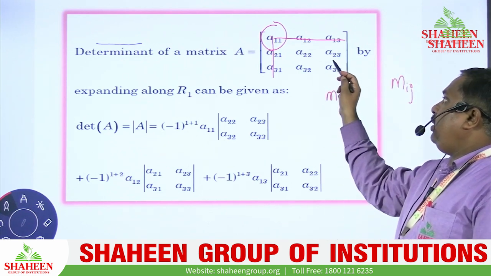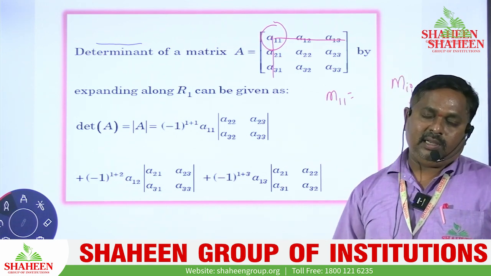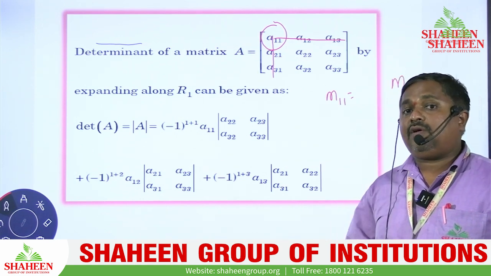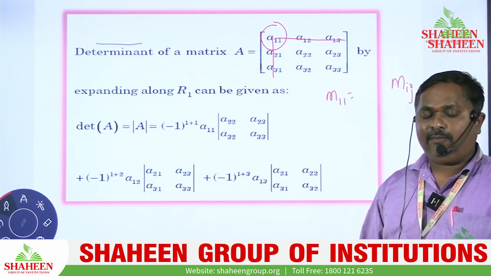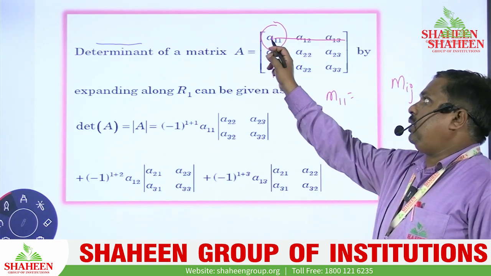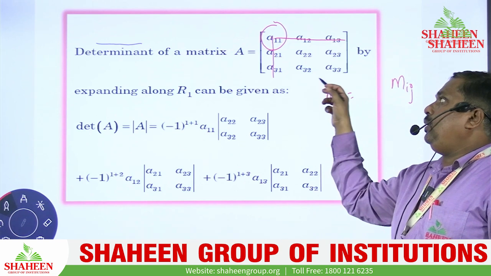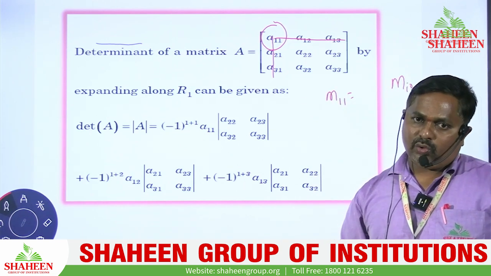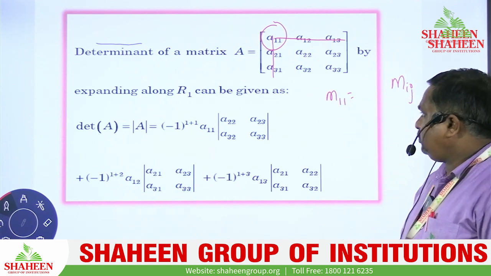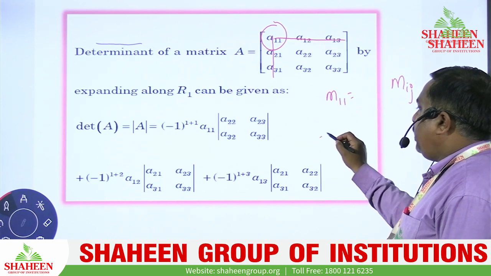Remaining 4 elements, you find the determinant, and that becomes the minor of that element. So like this, we can find the minor of any particular element. The row and column of the element whose minor we want to find are left out, and the determinant of the remaining elements is its minor.